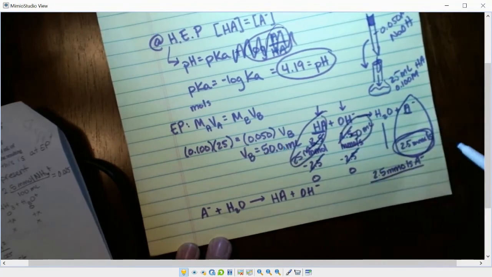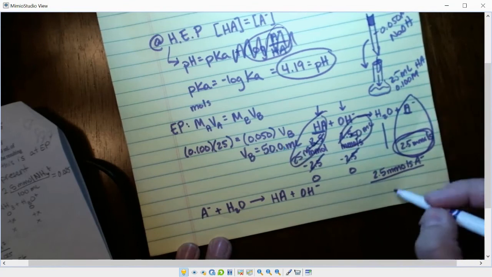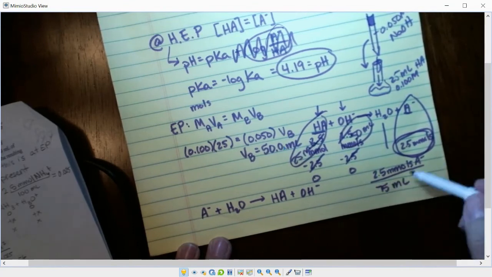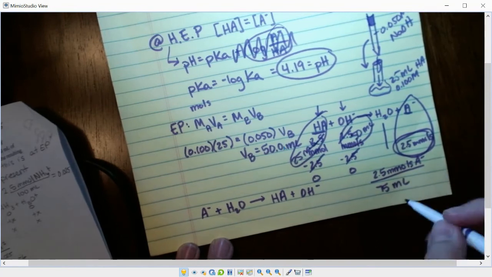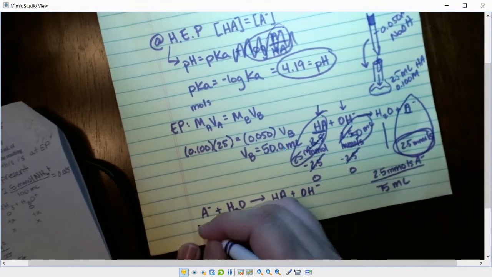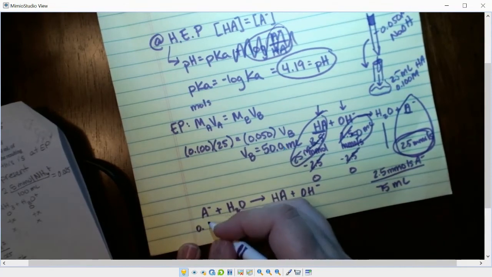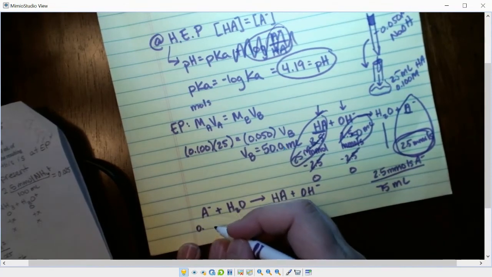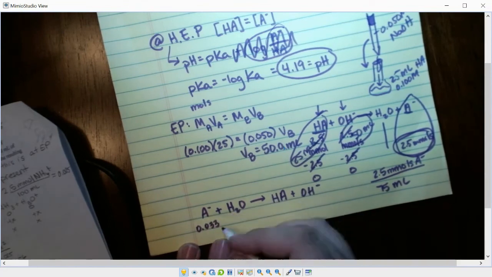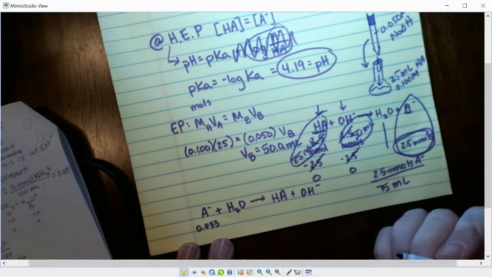So the total volume now down here in this flask is 75 milliliters. So when you recalculate that, that's going to tell you what the concentration of A minus is in that flask. And I got that to be 0.033. And then from here, it's just like a regular RICE chart.